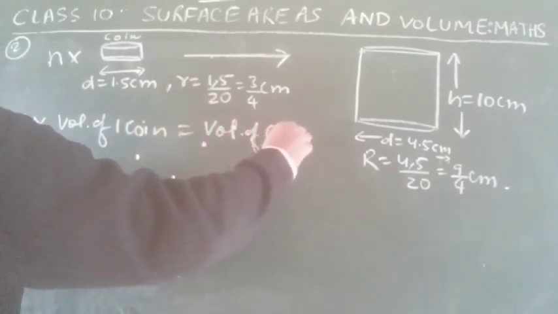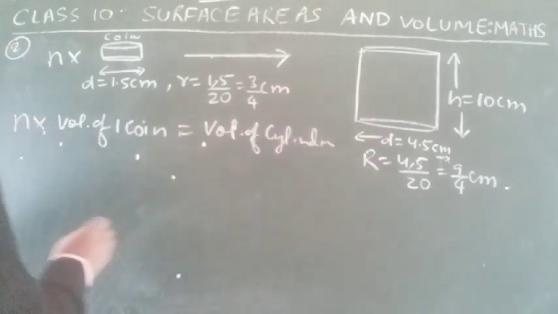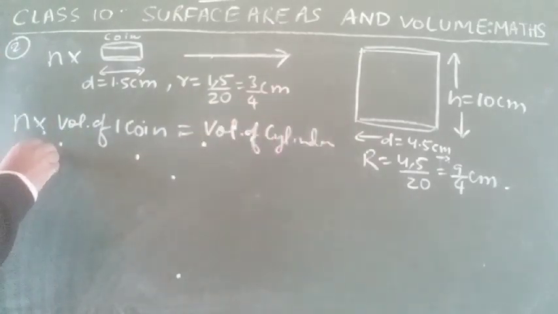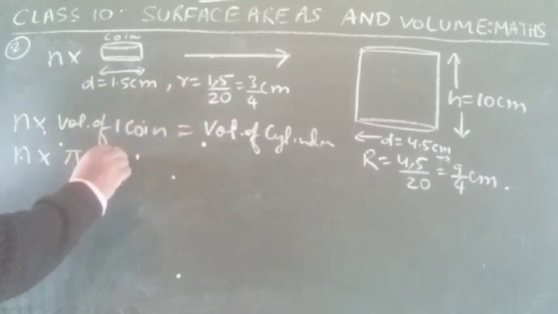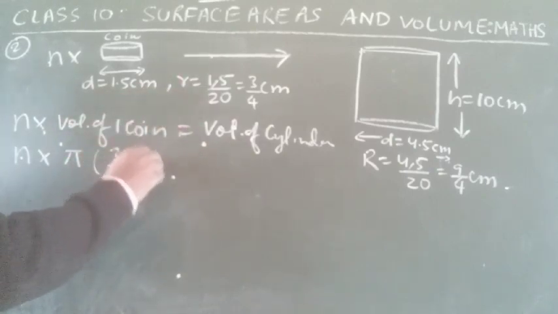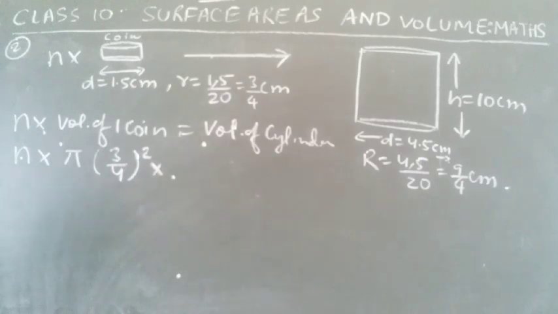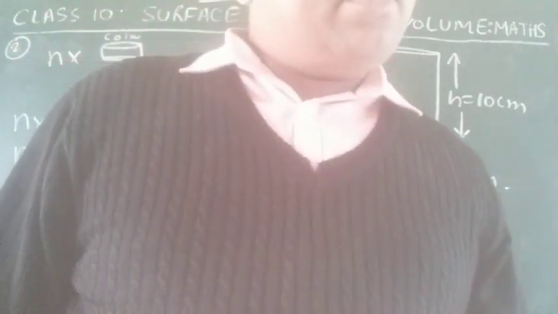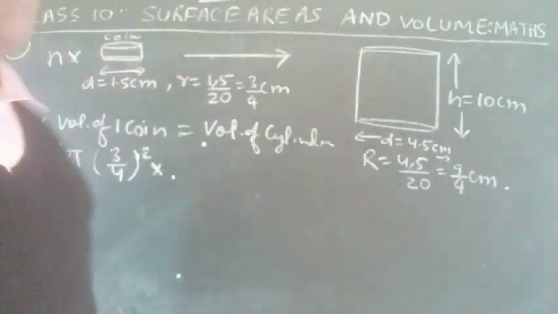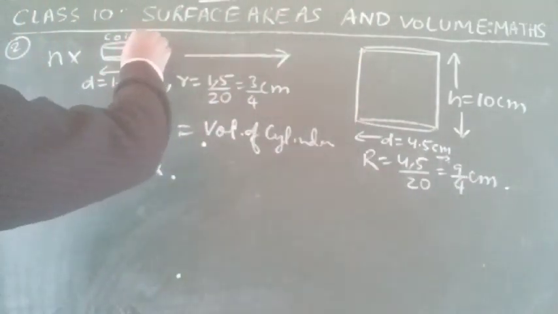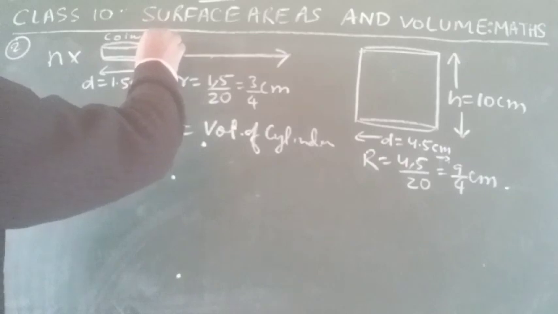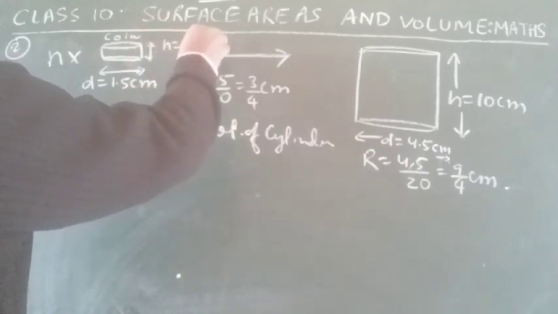So the number of coins times pi r square, r is given as 3 by 4 square. H, how much? What is the thickness of this coin? The thickness of the coin is given as 12 mm.